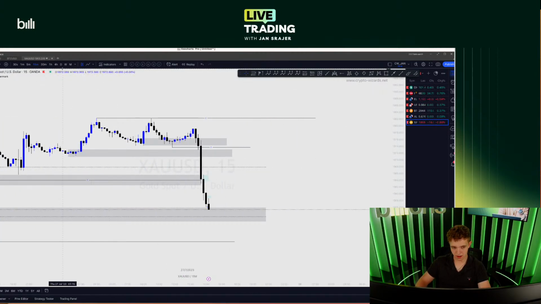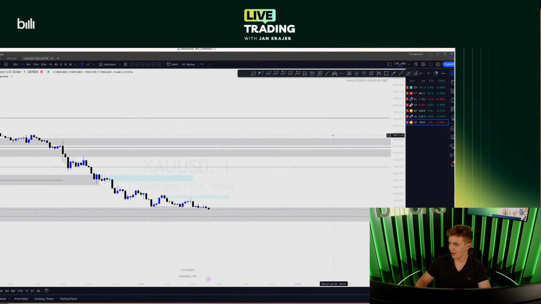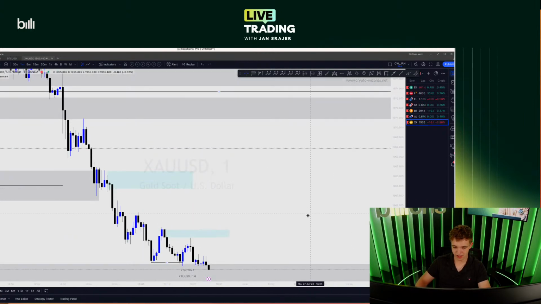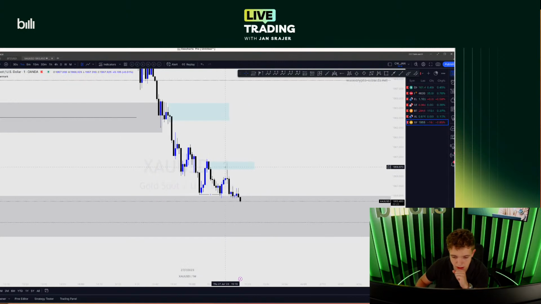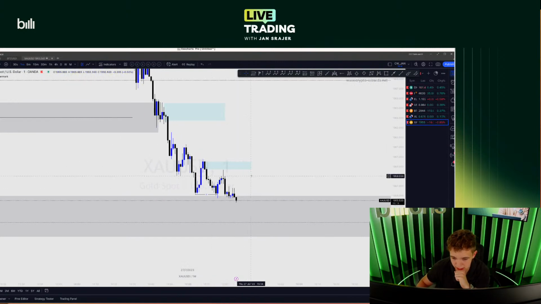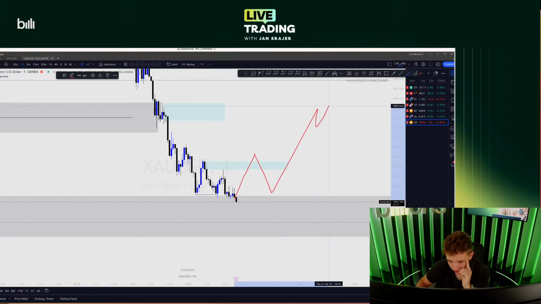But let's start trading. We have 5 minutes till the US session starts. My plan is that I'll wait for reclaiming this blue box. That's really the initial level that I'm going to start looking for a potential long setup. Basically, I will wait for reclaiming this box, coming back down, and then potentially going higher.